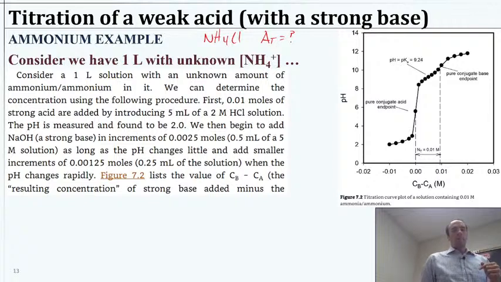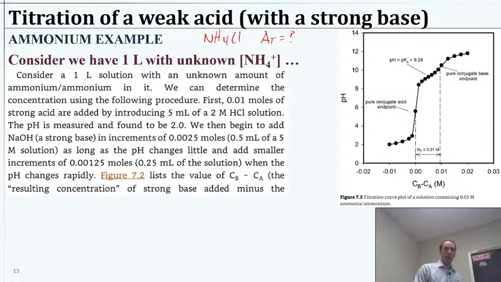Okay, so we have a 1 liter solution with an unknown amount of ammonium in it. I guess they were probably meaning to say ammonium/ammonia. We can determine the concentration using the following procedure. First, we start with 0.0 moles of strong acid, and we add some by introducing 5 mL of 2 molar HCl.